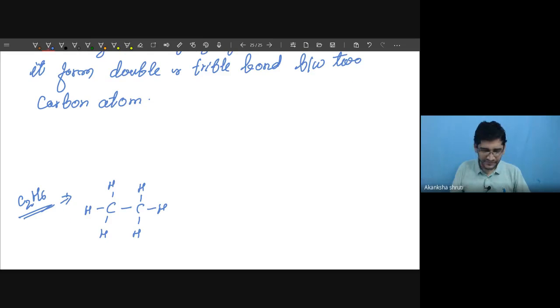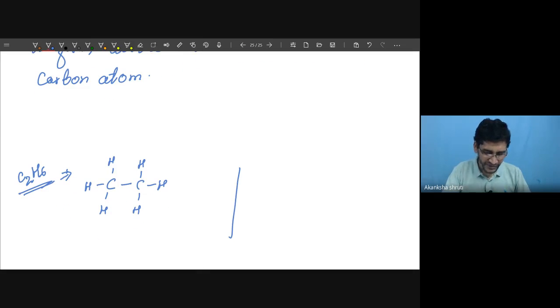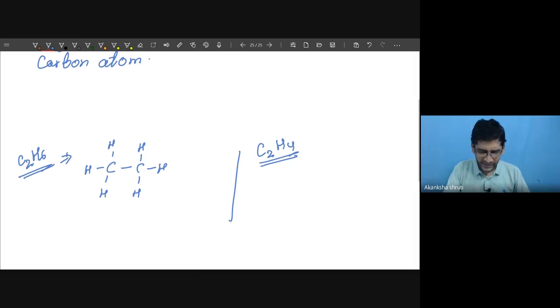So this was the structure. By the way, if you are given C2 and H4, then what will you do? Student, first you will link the 2 carbon, later on you will attach or distribute the hydrogen considering the tetravalency.